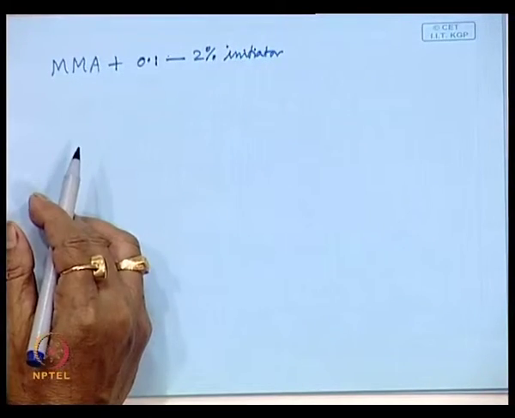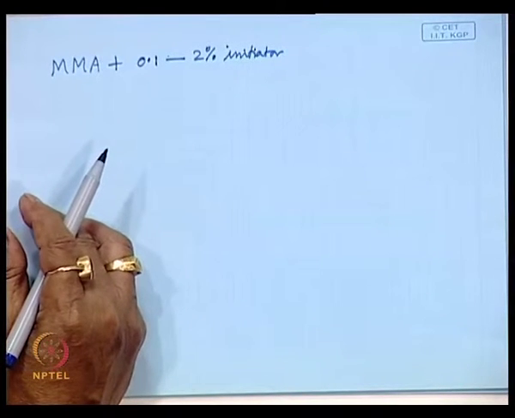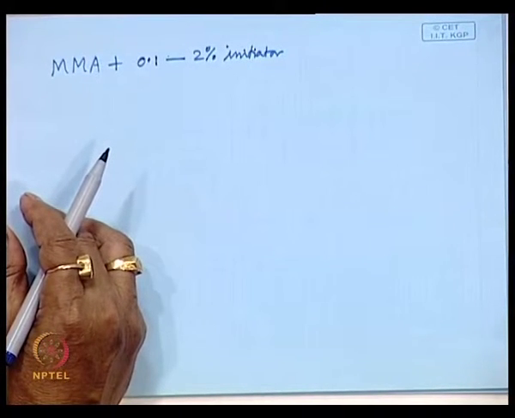That means, if you take benzoyl peroxide, how much has to be taken? Say if you take 100 gram monomer, you can take 1 gram of initiator or 0.5 gram of initiator.